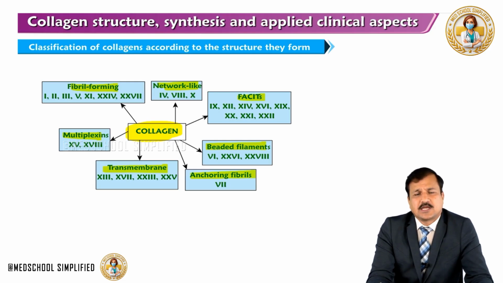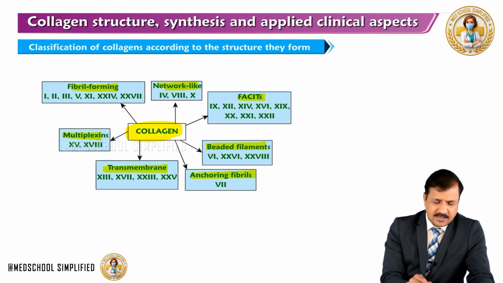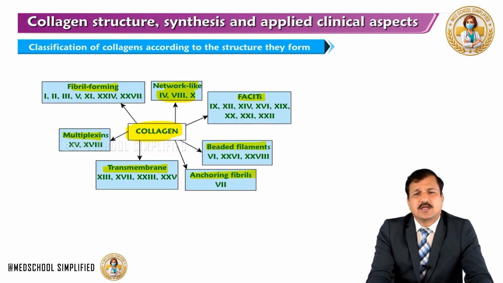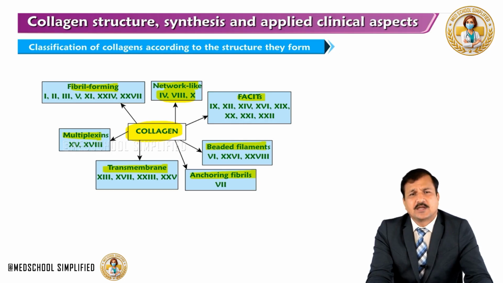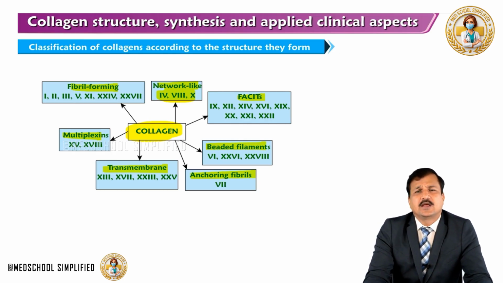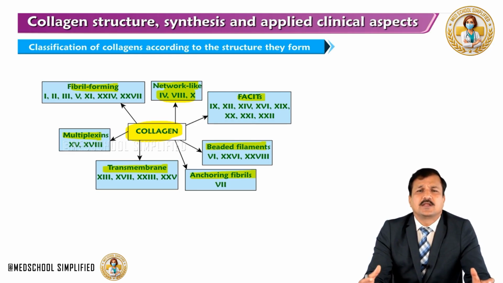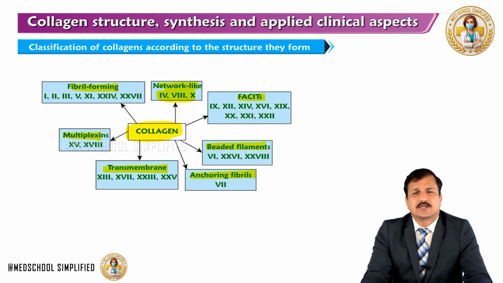One type of collagen that I would like to make special mention of is network-forming collagen, which are type 4, type 8 and type 10 collagens, and importantly type 4 collagen is found in the glomerular basement membrane, and that helps in glomerular filtration with the help of heparan sulfate.